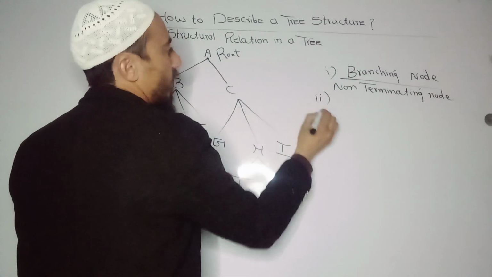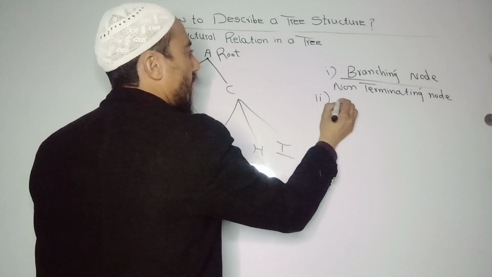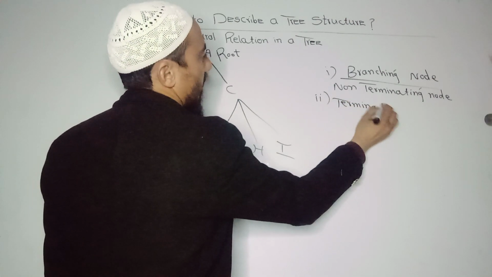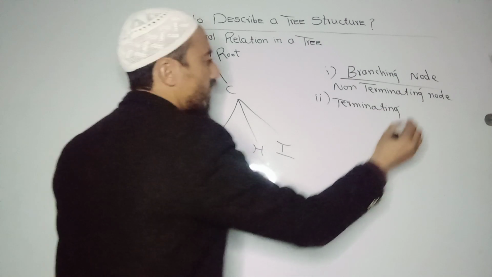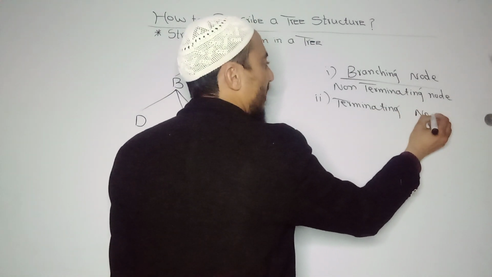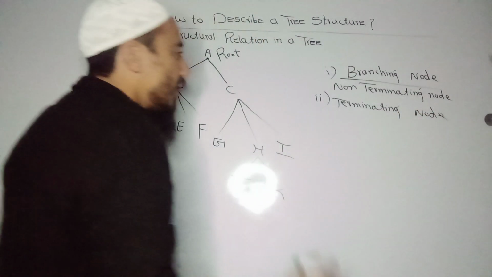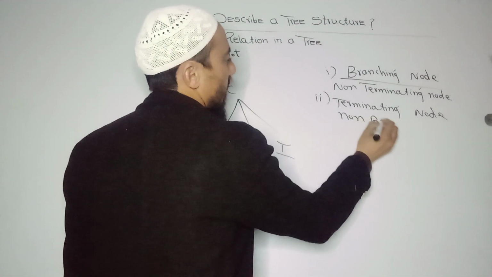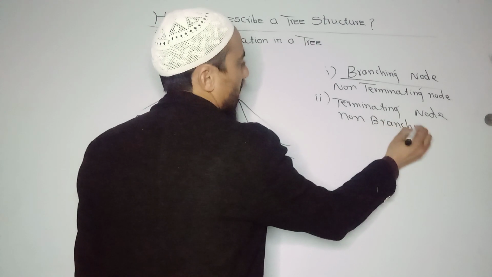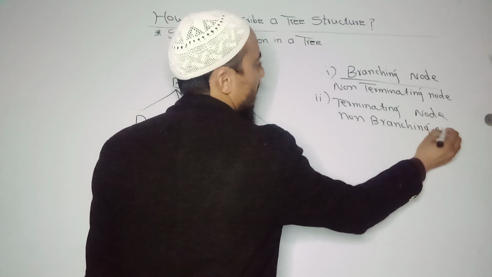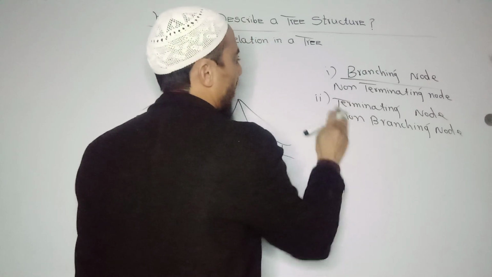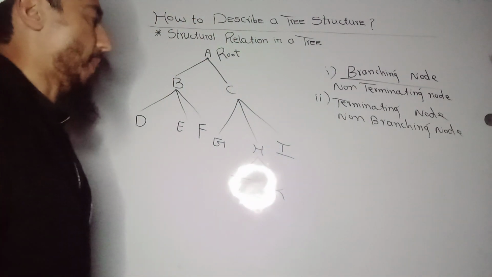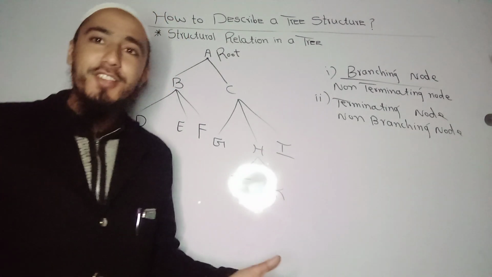We also have another, the terminating node. The terminating node is also called the non-branching node. You may write it in capitals.